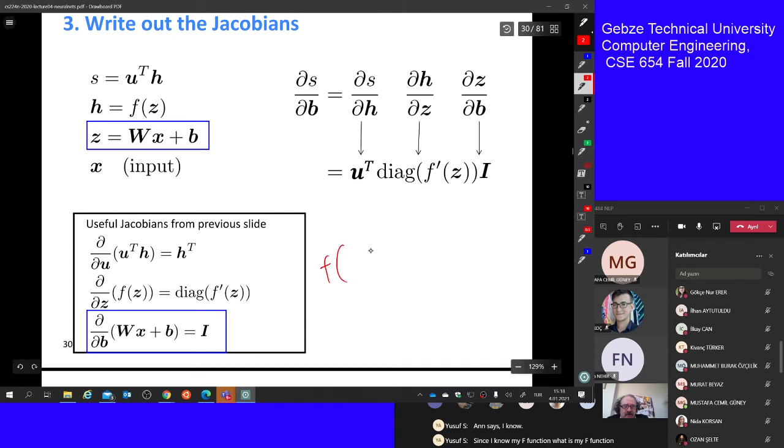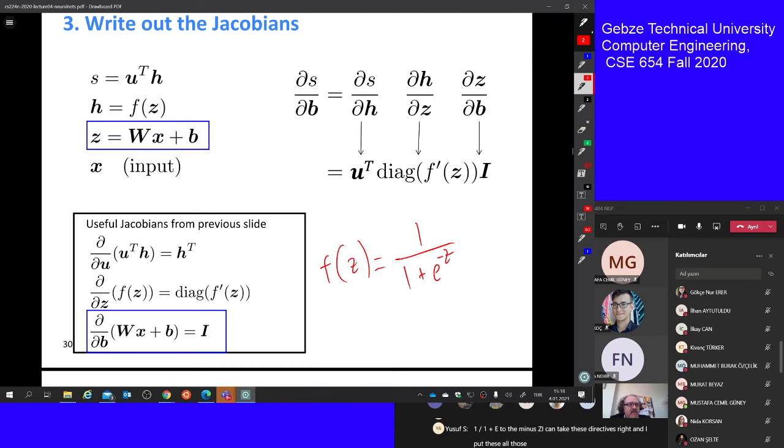F function is F, remember this one, 1 over 1 plus e to the minus z. I can take these derivatives, right? And I put all those z's in it. I try to find u's already. Okay, I try to find those parameters u's already. So those are the parameters. So that's something. It shows that I am making progress.